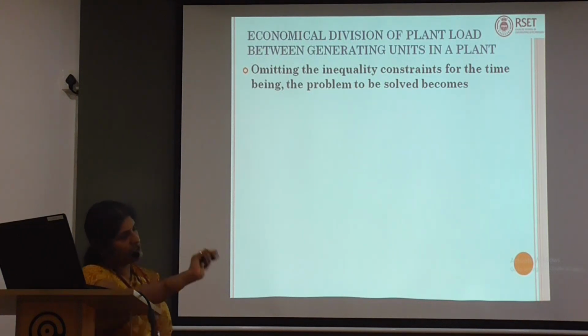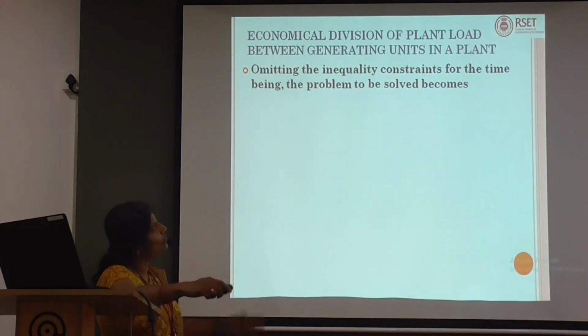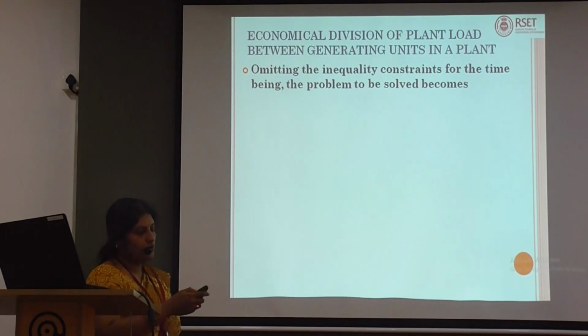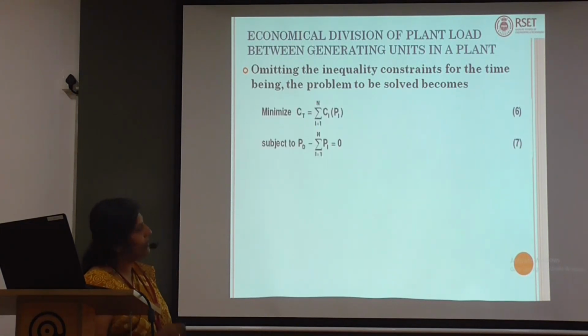Initially, let us not consider the inequality constraint. So how could the problem be solved? The problem could be taken as to minimize the total cost subjected to this equality constraint of total demand meeting with the total generation. So this is how we initially consider the problem.